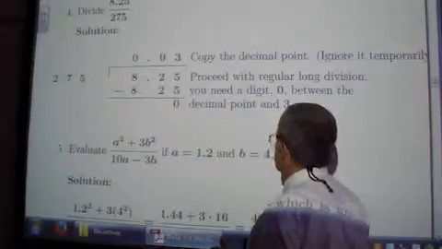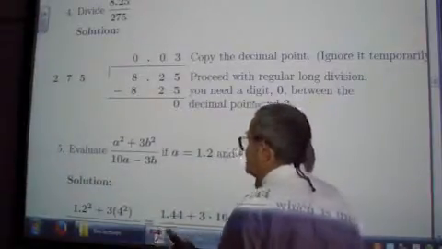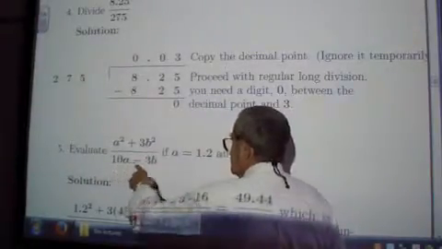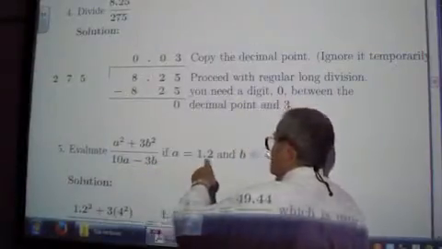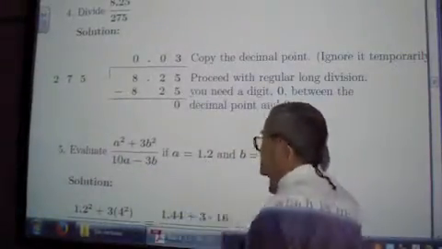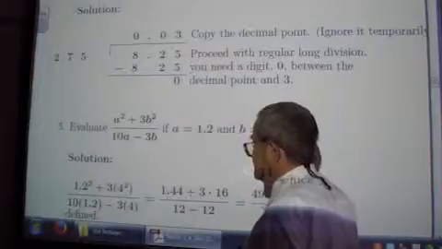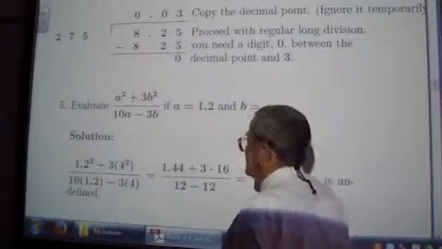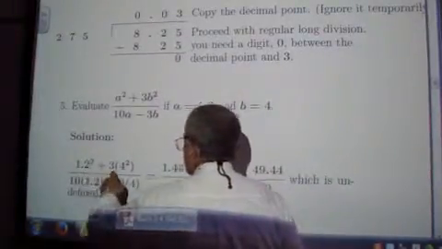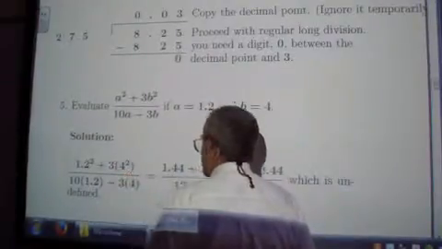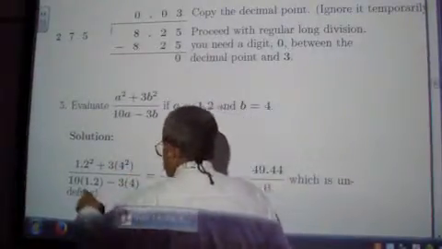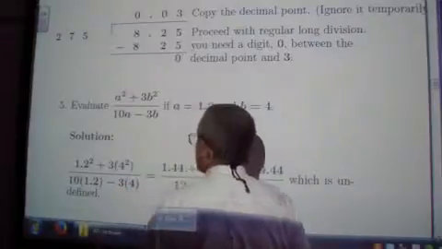Then I wanted to evaluate a squared plus 3b squared over 10a minus 3b if a is 1.2 and b is 4. That looks like 1.2 squared minus 3 times 4 squared over 10 times 1.2 minus 3 times 4.